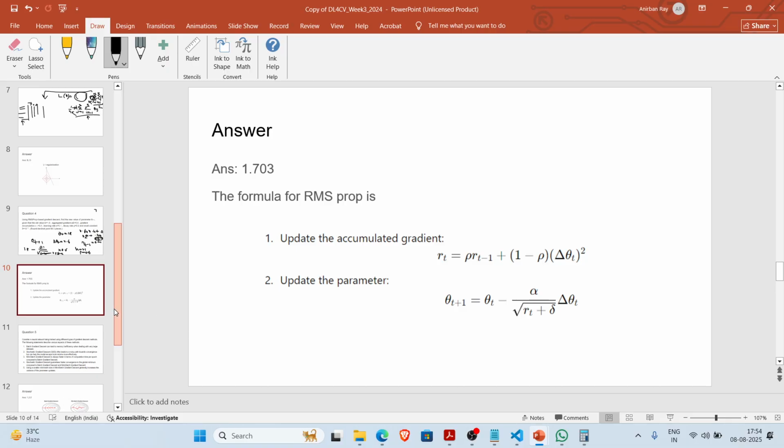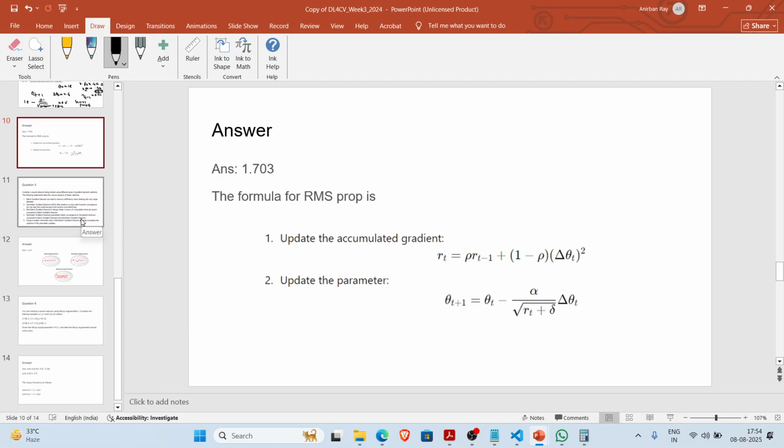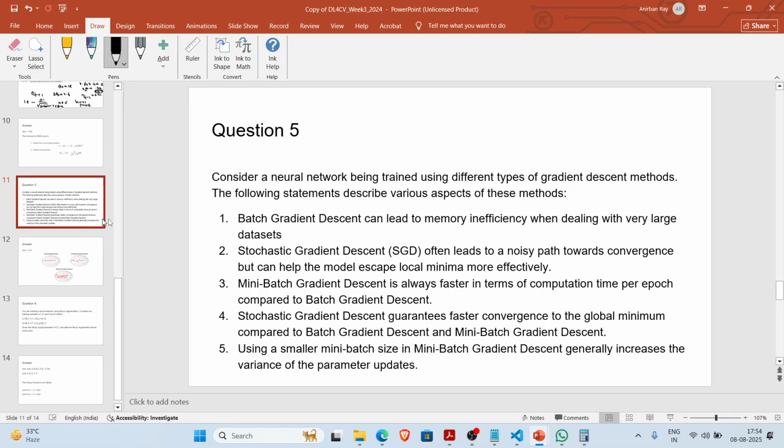Next is question number 5. Consider a neural network being trained using different types of gradient descent methods. Batch gradient descent leads to memory inefficiency with large data sets.